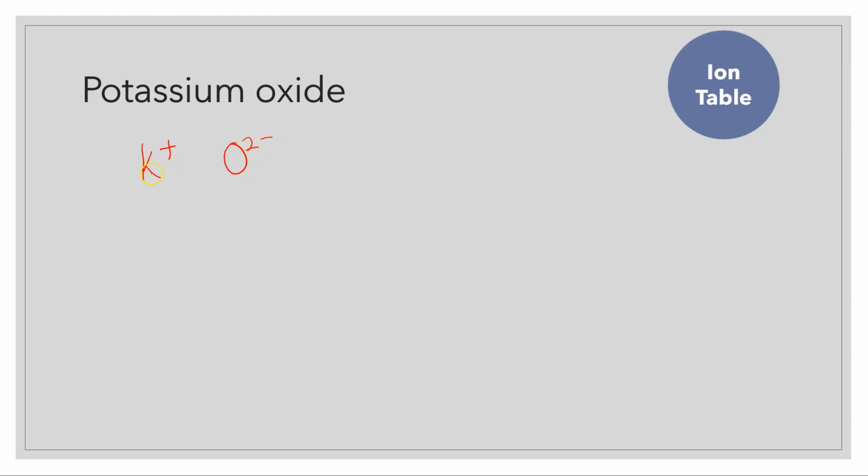So we've only got 1 plus here with the potassium, as potassium is positively charged by 1. So that means we would actually need 2 potassiums to cancel out this O2-. So 2 positives, 1 from each potassium, is going to cancel out the 2- from the oxide. So that's the first way.